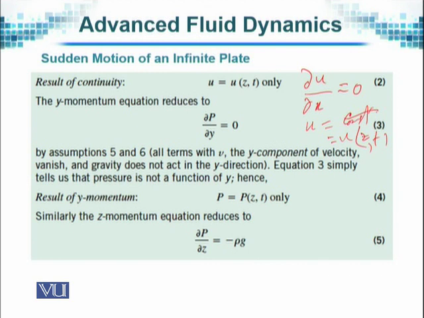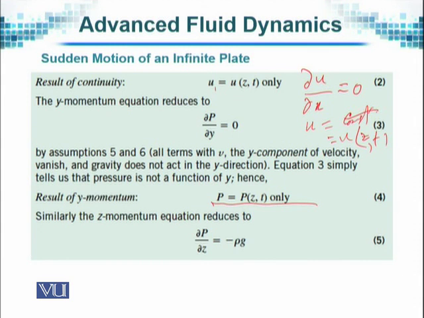From the y component of momentum equation, the only thing that we derive is dp by dy is equal to 0, the partial derivative, which means that the pressure does not depend on y, and therefore if p is dependent at all on something, we will have p is equal to p of z or t, just like u.